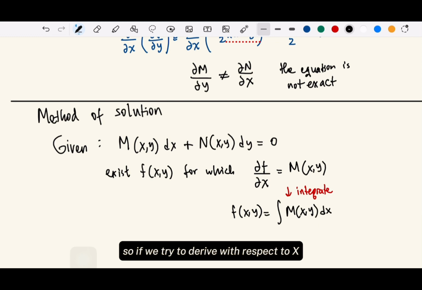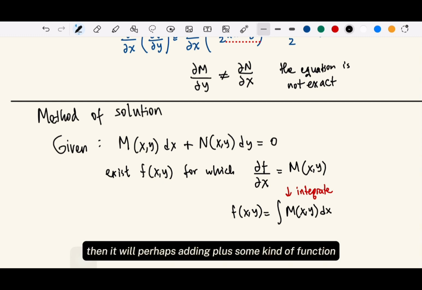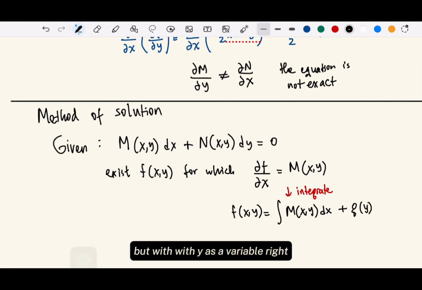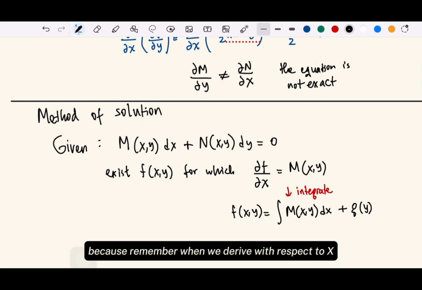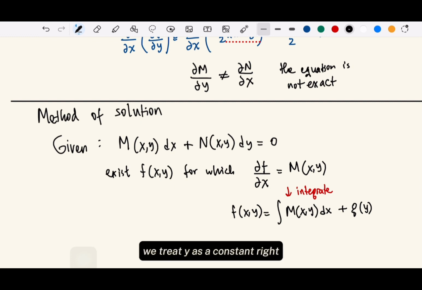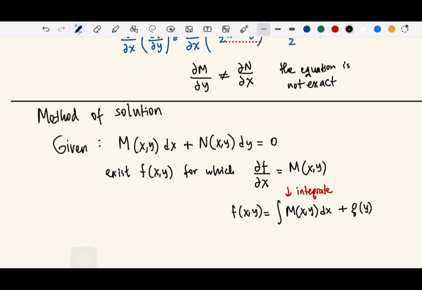So we add some kind of function with y as a variable, right? Because remember, when we derive with respect to x, we treat y as a constant.